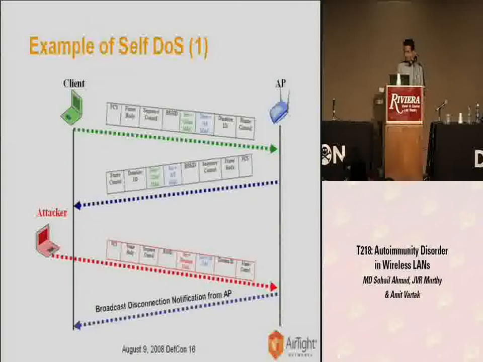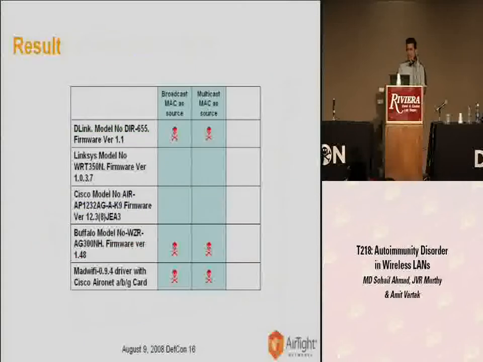The same attack can also be launched using a multicast MAC address. We tested this particular attack against these access points. What we found is that D-Link, Buffalo, and the open source MadWifi driver are vulnerable to this attack. So are you thinking that this attack is just because of some coding bug present in the access point?